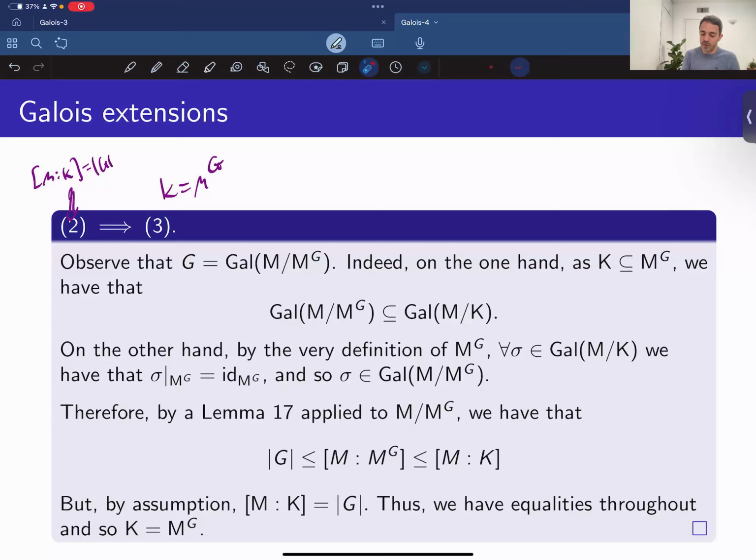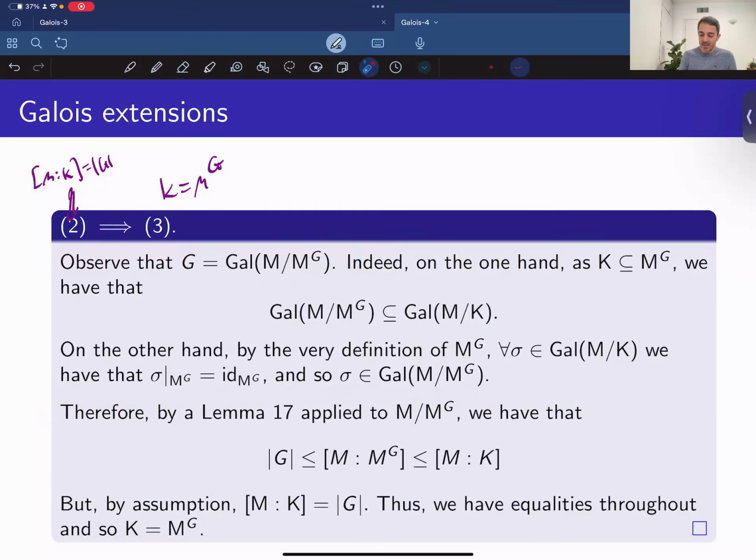So that's the definition of M^G. And so every sigma here sits here as well. So we have this reverse inclusion, and so we get equality. These two are the same. It's very simple, but it's a bit logically confusing, I think. Anyhow, so we know that G is the Galois group of M over M^G.